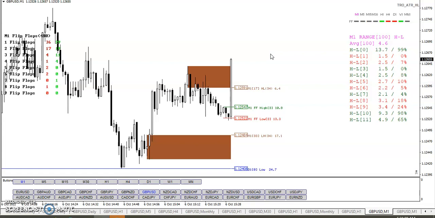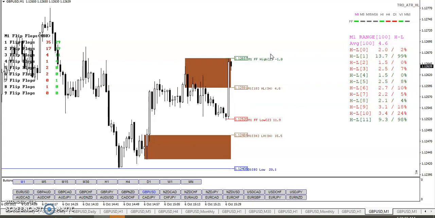But if I added the bias of the 5 minute candle, I still got false trades. You're always going to get false trades, but the number dropped dramatically.